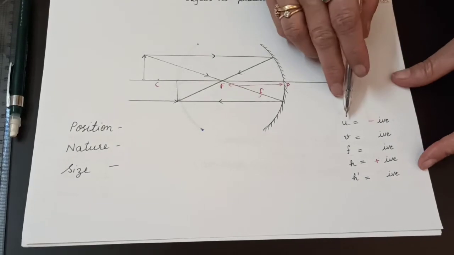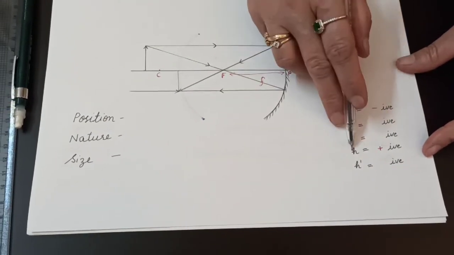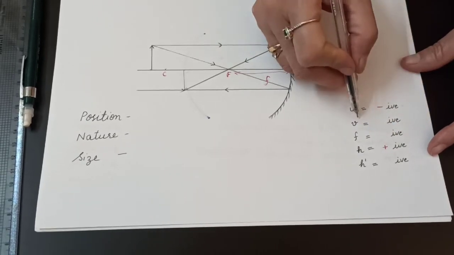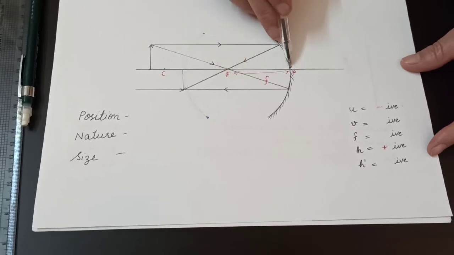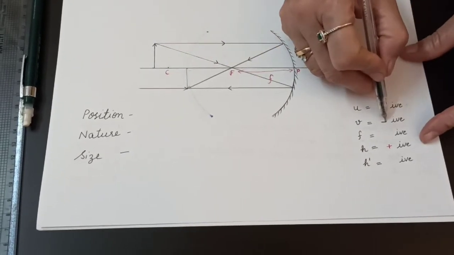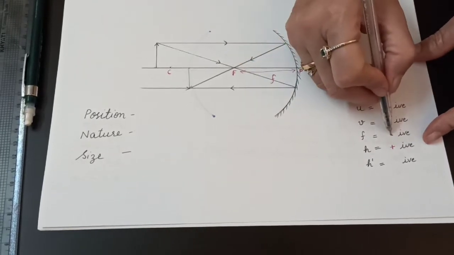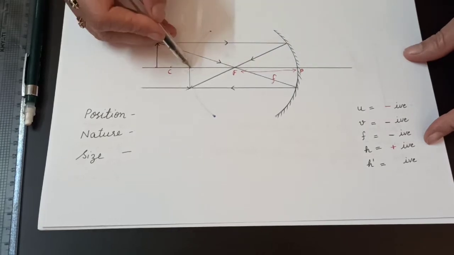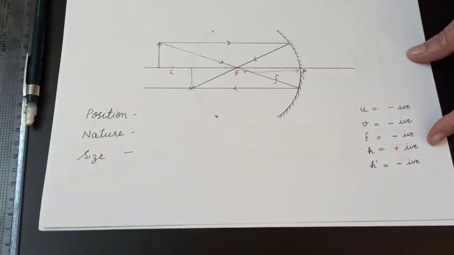Now the same way, U, as already discussed, always negative, H always positive, V, so this is V between P and this point. So this would also be negative. F, for concave mirror, it is always negative, and H dash below the principal axis. So this is also negative.